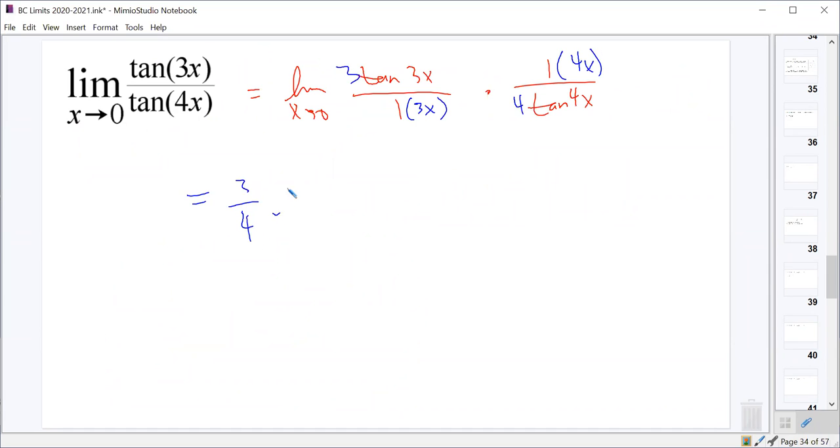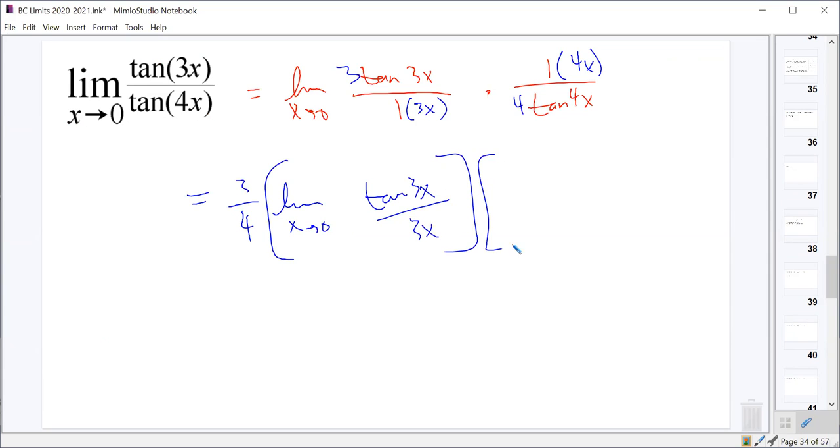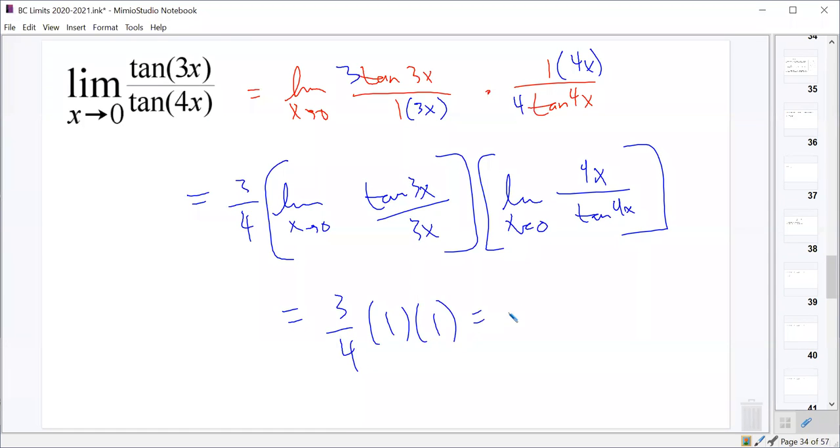Pull out the 3/4 constant. And we got tangent 3x over 3x, and we got 4x over tangent 4x. And we end up with 3/4 times 1 times 1. Good or no?